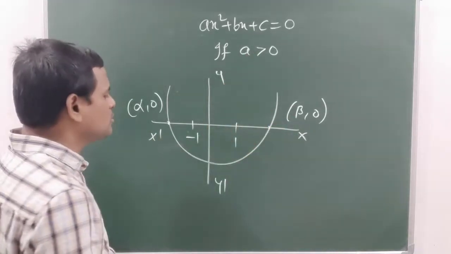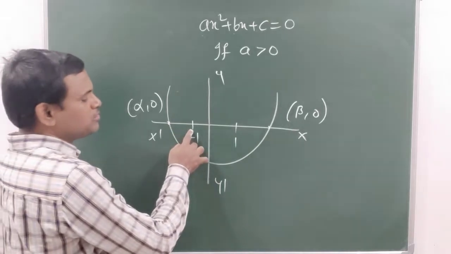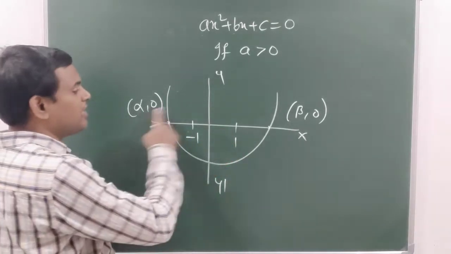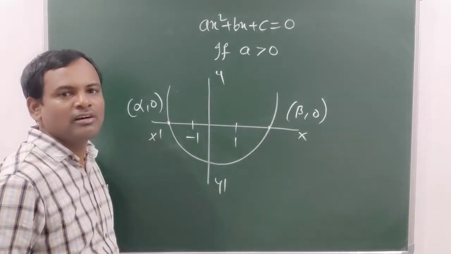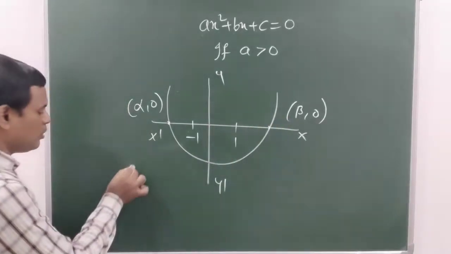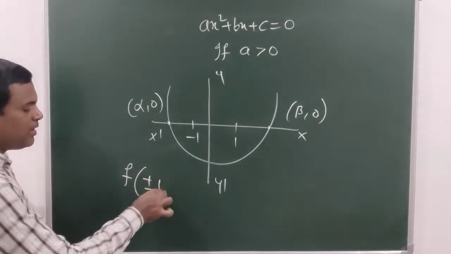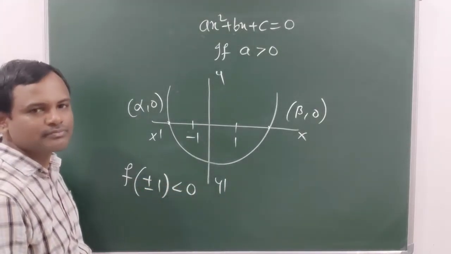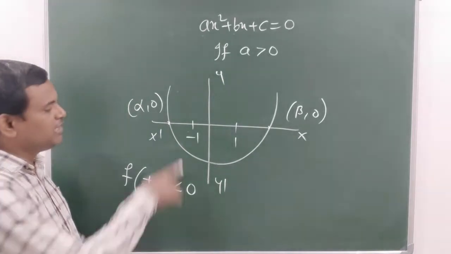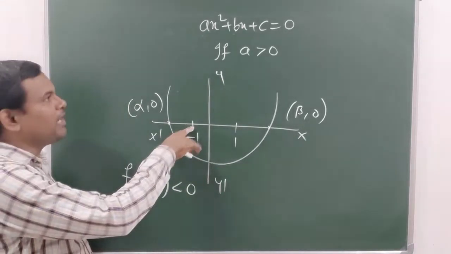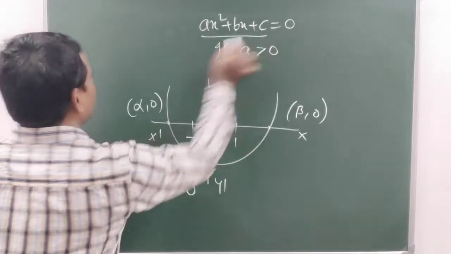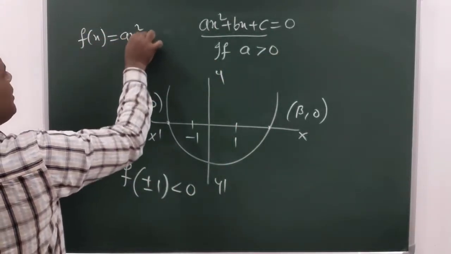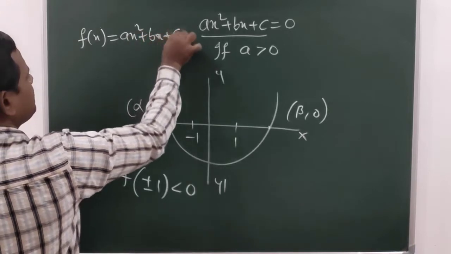Okay. So as you know, this -1 and 1 both are inside of alpha and beta. Hence, as you know, f of plus or minus 1 is less than 0. See here, let us take this left side thing as f of x, ax square plus bx plus c.